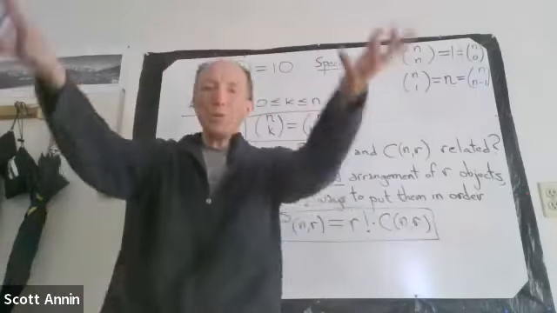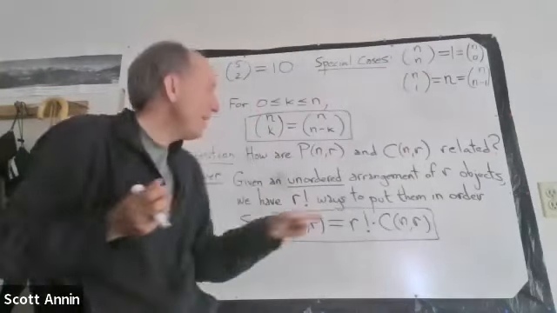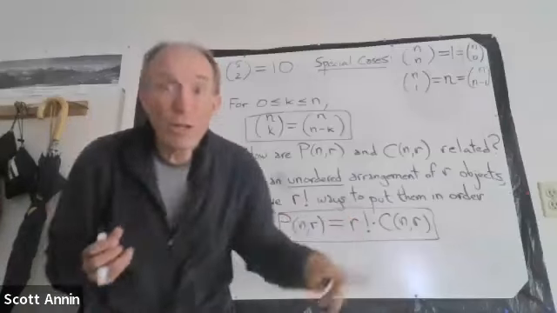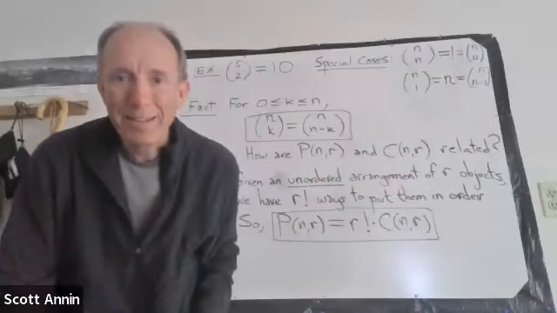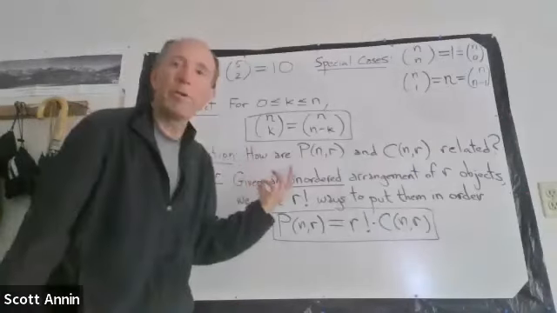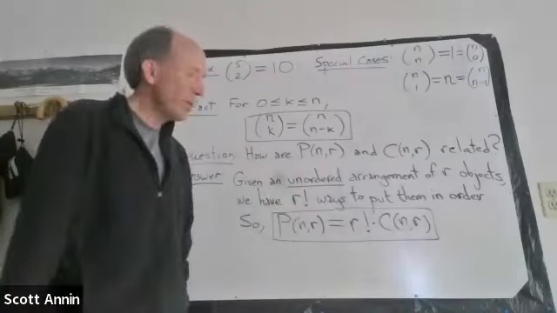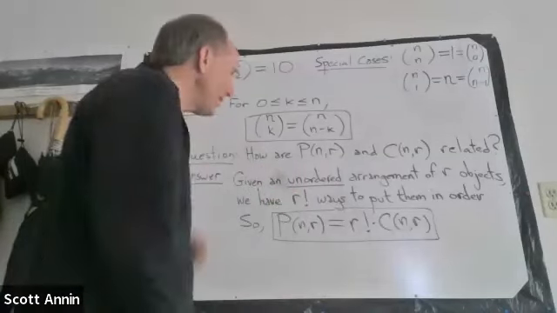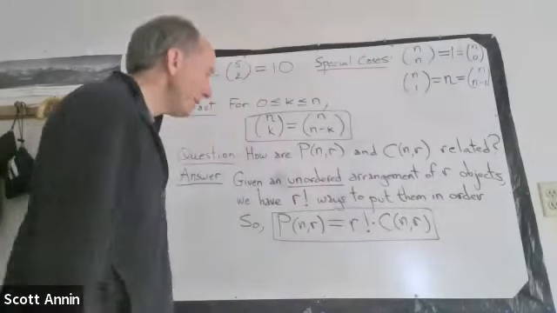So we first select the 5 members of the team, and then we would have 5 factorial ways of placing them into positions on that team. That would give us the number of ordered teams of 5 for the basketball game. So that's basically the relationship between the P of N, R and the C of N, R.